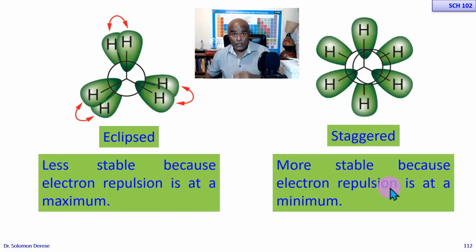So cycloalkanes adopt different conformations as a result of freedom of rotation across their carbon-carbon single bonds. And the reason why cycloalkanes undergo various conformations, as we shall see, is to become stable.